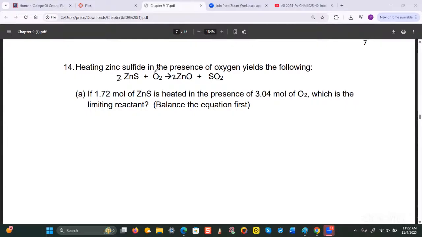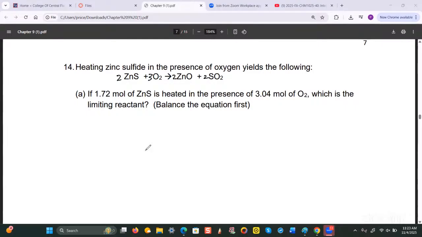A 3 in front of the oxygen, I agree with that. And what else? Is it balanced? A 2 in front of the SO2, I agree with that as well. And now the equation is balanced. We need to take care of that first before we can do anything else.